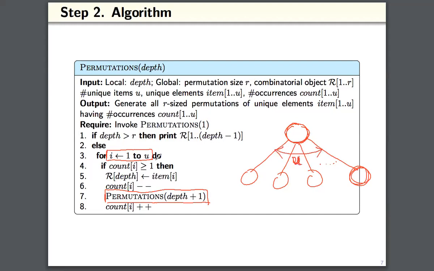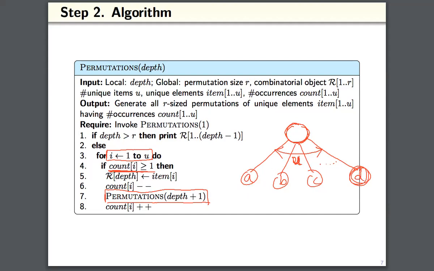number of child functions. If count of I is greater than or equal to 1, suppose your items are say A, B, C, D. So what do you do here?